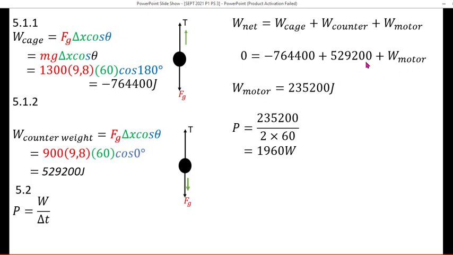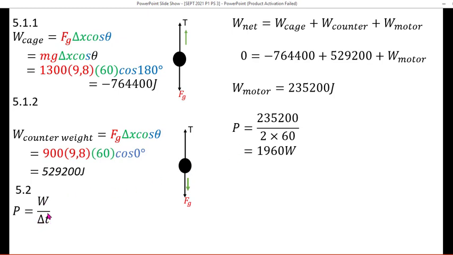And then when we use our calculators, we say negative this plus this, we have this. Work done by the motor is equal to 235,200. And then when we substitute that into the power formula, we get power is equal to work done by the motor, which is 235,200, divided by the time.